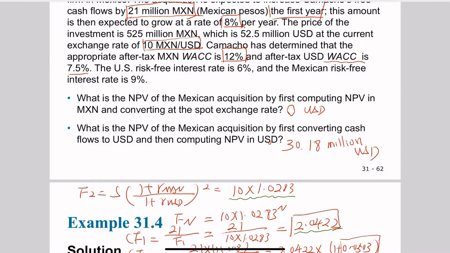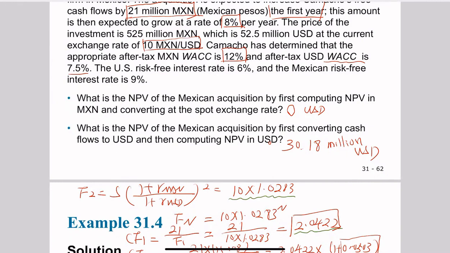Well, the reason is because we discussed before that under the assumption that if the capital market is internationally integrated, then these two methods should give you the same result. This basically implies that if the capital markets are not internationally integrated, then these two methods will give you different results.